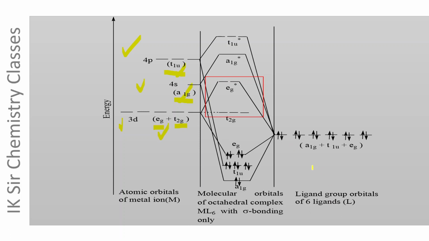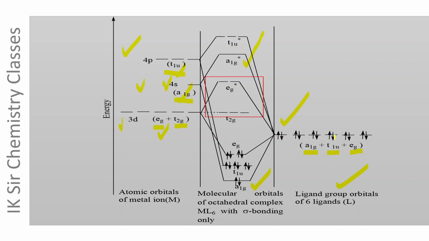The 6 sigma orbitals of ligands take part in linear combination forming 6 ligand group orbitals with symmetries A1g, T1u, and Eg. The A1g ligand group orbital overlaps with the A1g orbital of metal forming A1g bonding MO and A1g star anti-bonding MO.